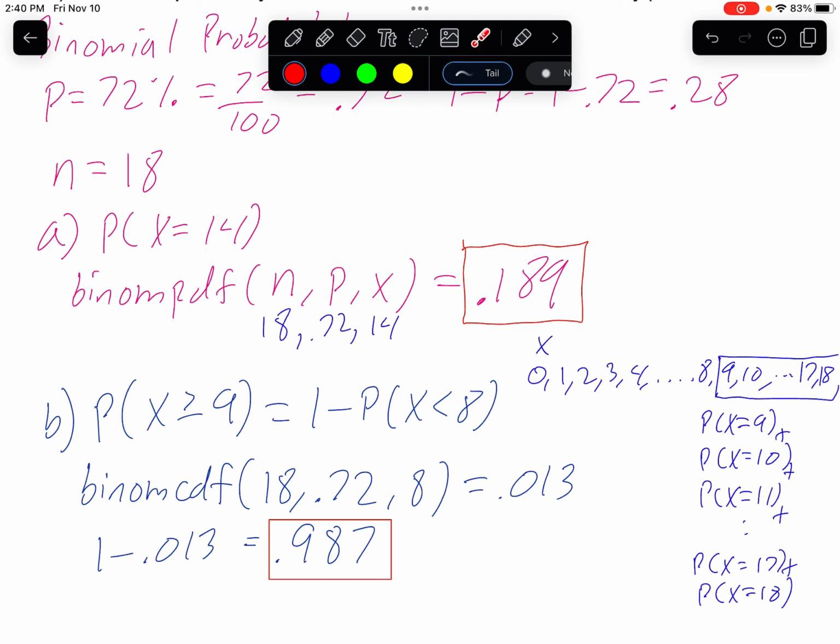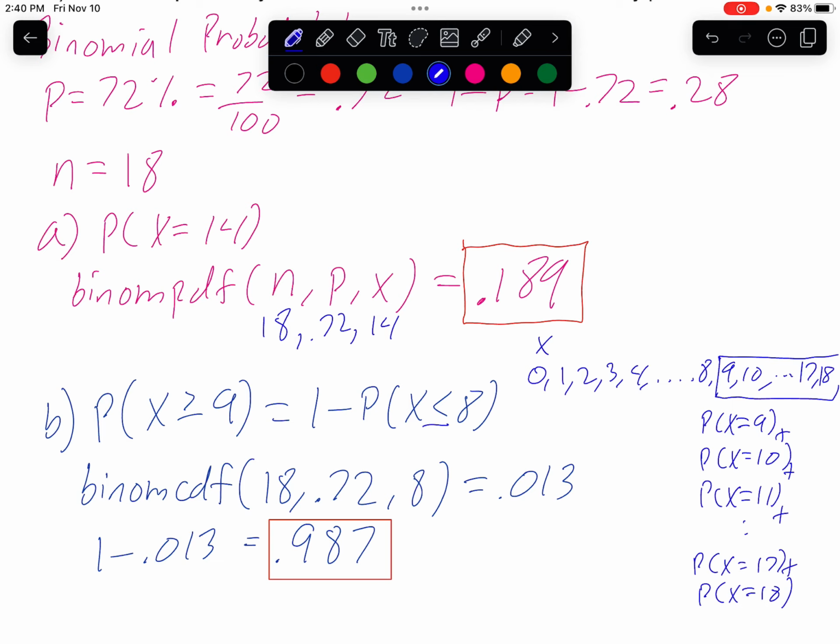Instead, what we're going to do, because this is the probability distribution, right? X can take on all of these different values. That means the sum of all of these probabilities equals 1. So if we're able to find the opposite, where X is less than or equal to 8, right? This over here should say less than or equal to 8.